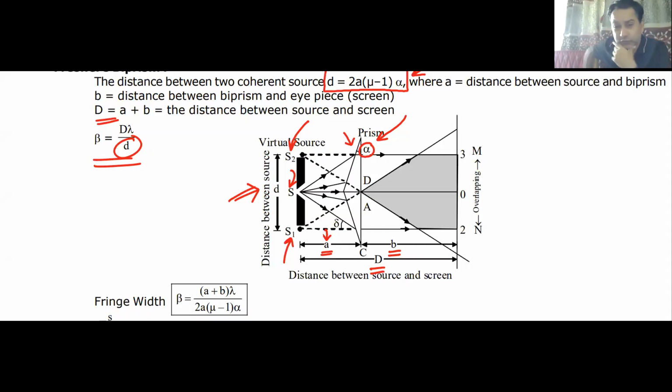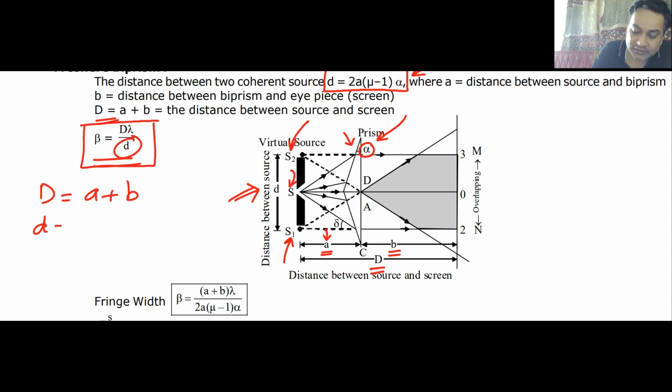Okay, so you see that we produce two sources from a single source. Remember, the formula for beta remains the same. It is D times lambda by small d. Here the value of capital D is a plus b. You have already noted it down. The value of small d is 2a(mu minus 1)alpha. Remember, a is the distance of the prism from the slit, mu is the refractive index of the prism, and alpha is the angle of the prism.